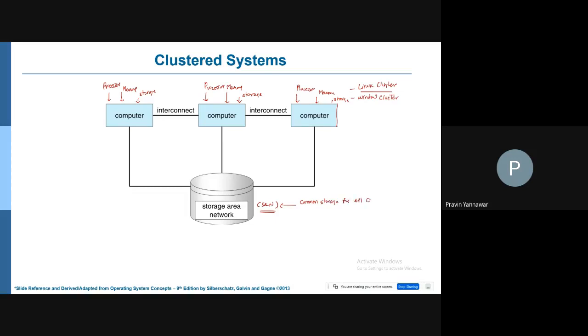For all computers, this is a common storage. Based on this, you can have different architectures, which you can study in the computer system architecture (CSA) subject.